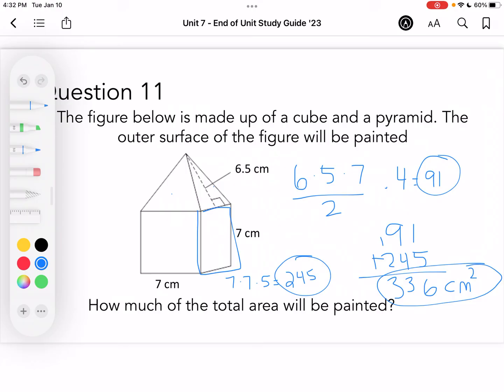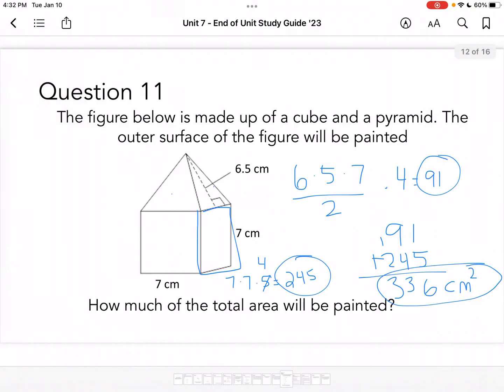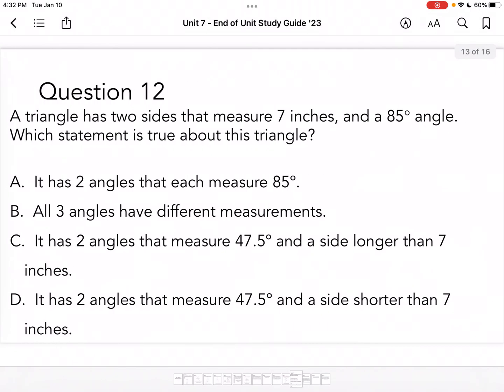Now, if it comes to be that the total area painted is not the bottom, then I'll definitely let you know. And that will change this to 4. Okay, so if we find out that the bottom is not included, I'll definitely let you know. But as of right now, the bottom is included in this shape, because based on the question, it doesn't say it doesn't include the bottom.